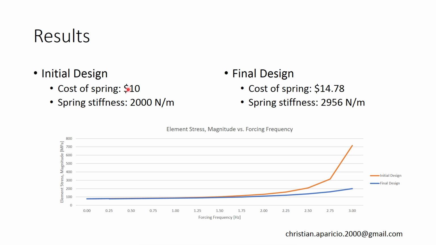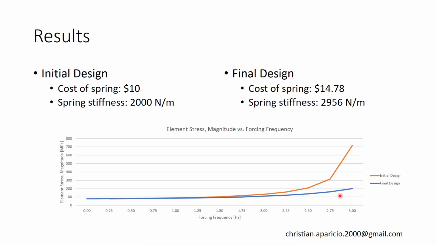Again, my cost of the spring went from $10 to $14.78. This is a custom objective I created with MSC Nastran. My spring stiffness went from 2,000 to 2,900 newtons per meter. Here on this graph, the orange is what the frequency response results were for my initial design.